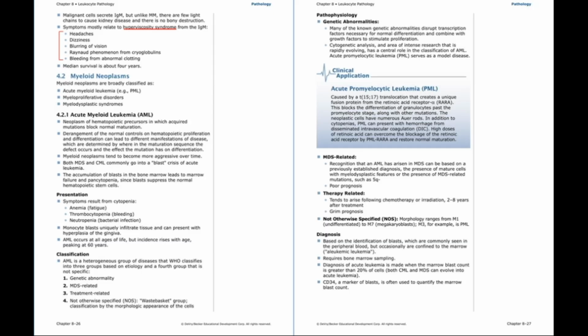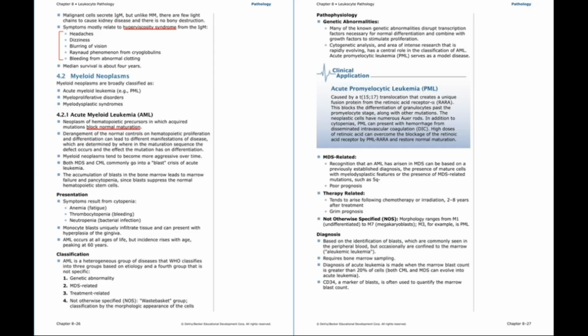So let's start with our acute myeloid leukemias, or AML. Remember, this is a neoplasm of our early hematopoietic precursors in which acquired mutations block normal maturation.